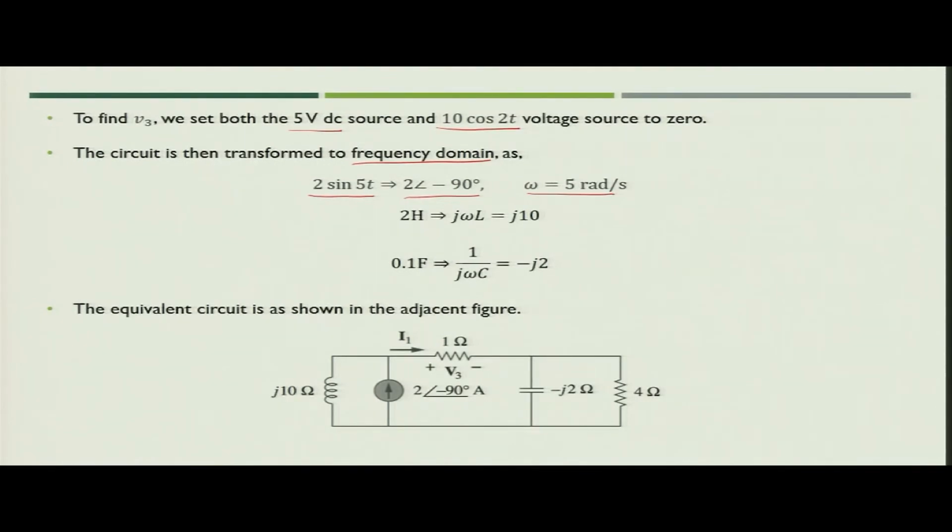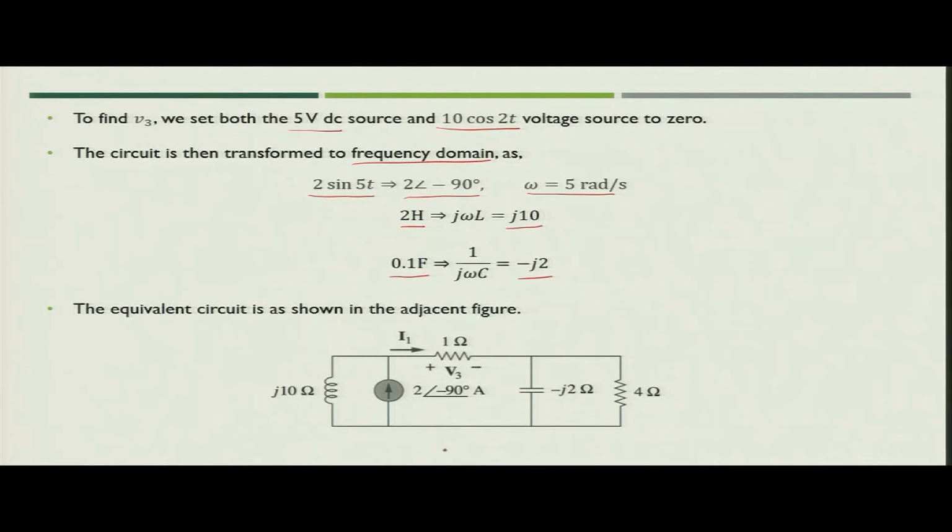So, you have to convert again all the inductance and capacitances into frequency domain. So, 2 Henry inductance will now become J10 ohm as an impedance, 0.1 farad capacitance will offer minus J2 ohm as an impedance.